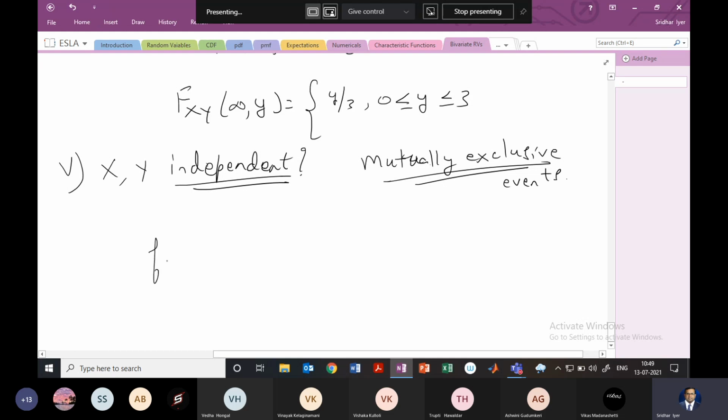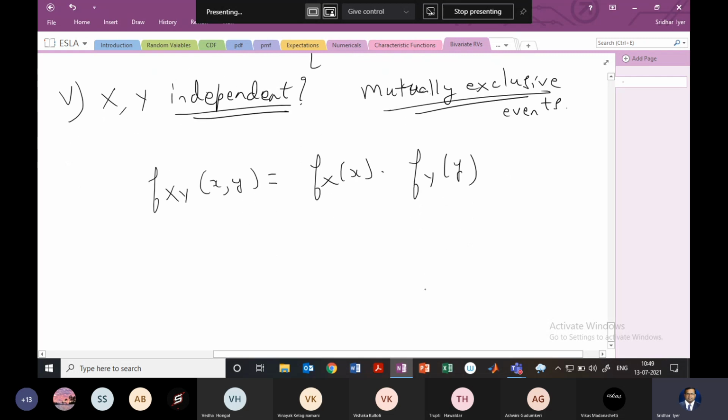if two events have to be independent, then the joint PDF fxy of x comma y should be a product of the individual PDFs. So if fxy of x comma y is equal to fx of x into fy of y, then we say that the two random variables x and y are independent.